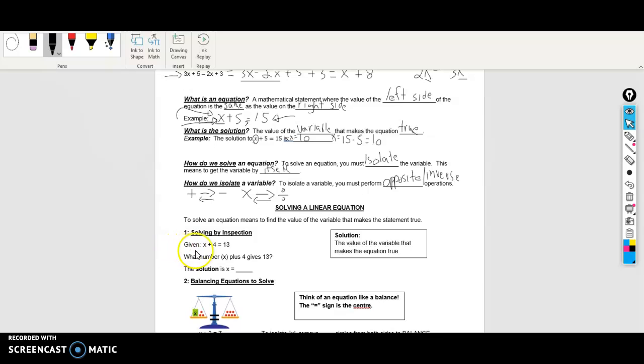So suppose I gave you x plus 4 is equal to 13 as the equation, and I want you to find what x is. I want you to solve this equation, solve for x. Well, in your head you'd think, what number plus 4 gives 13? Well, you know that's 9. So that's by inspection.